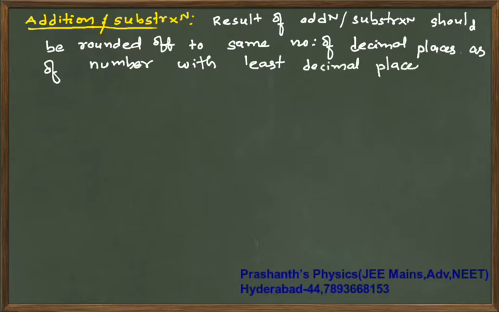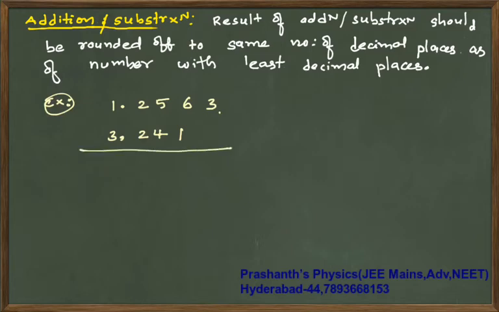So what is its meaning? I will tell you. As an example, let us say you have 1.2563 and 3.241, and let us say you are supposed to add these two.